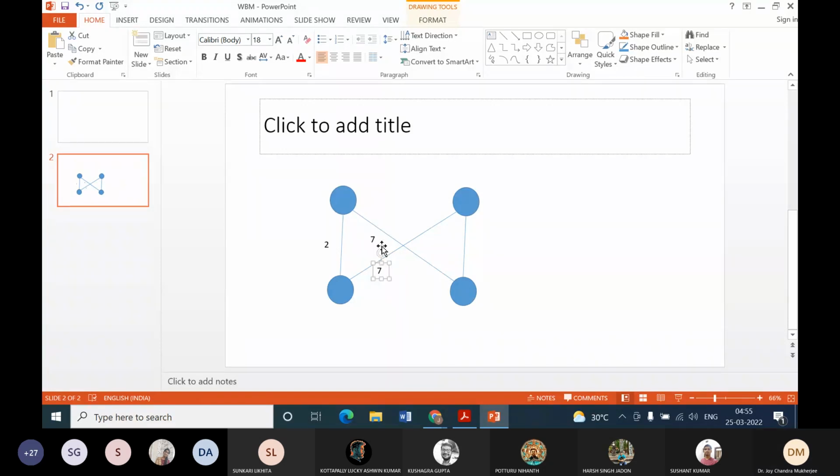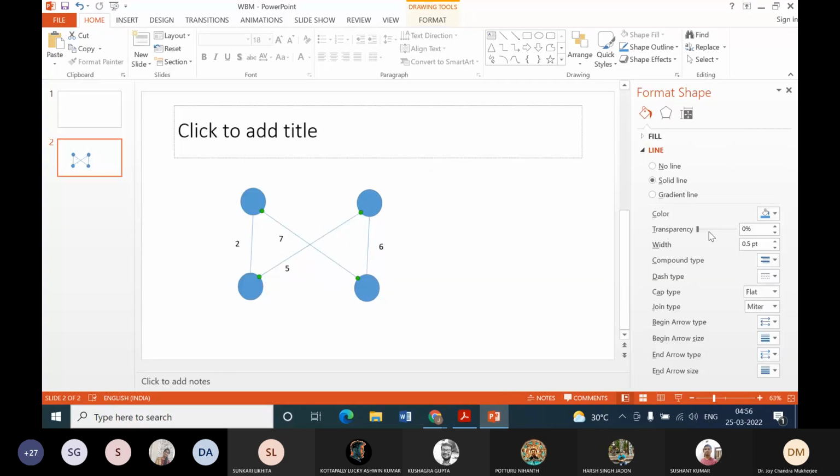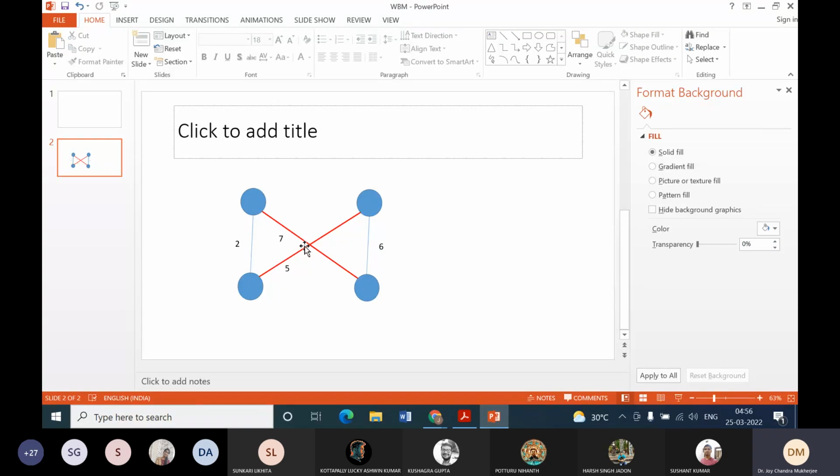This is 5. This is 6. So the maximum matching will be this. Okay, so it will be 7 plus 5, which is 12.